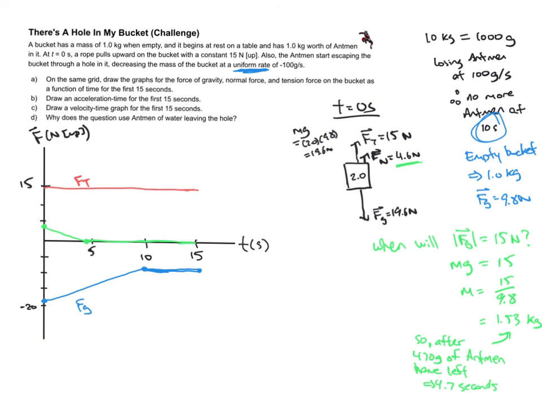It will leave quicker at the beginning when there's more water because there's more pressure pushing down on it, so it'll leave the hole faster. But once the pressure has reduced, then it's actually going to drip slowly towards the end. So the water does not leave the bucket at a uniform rate.